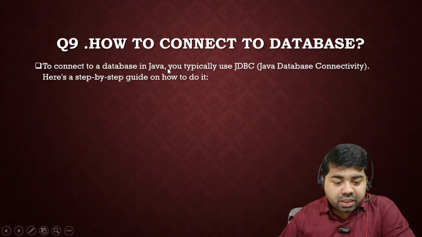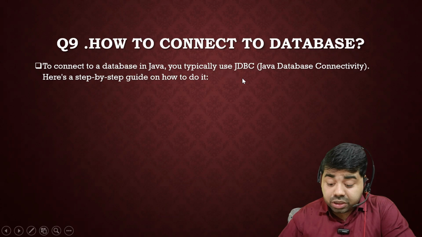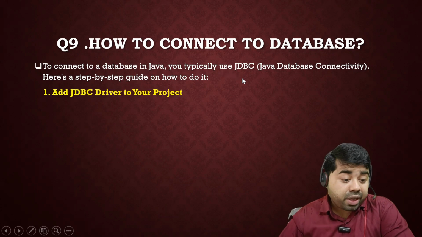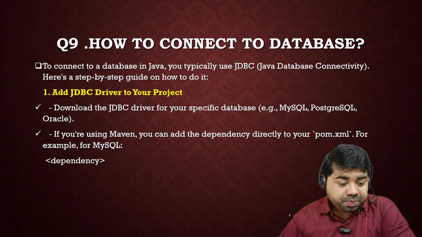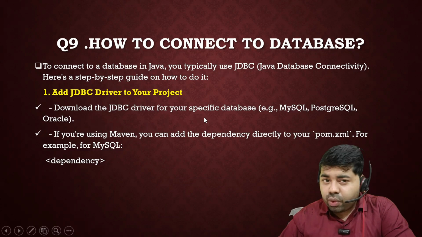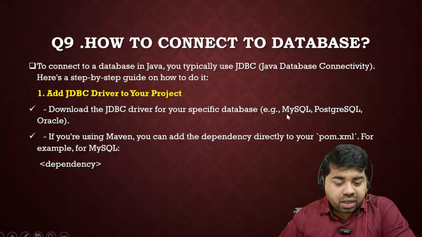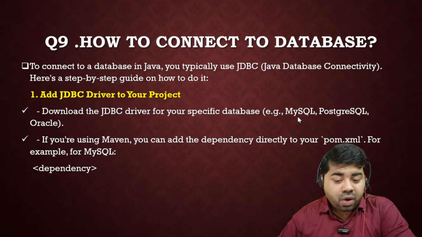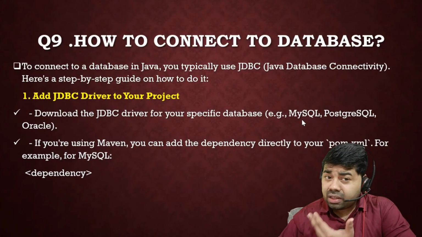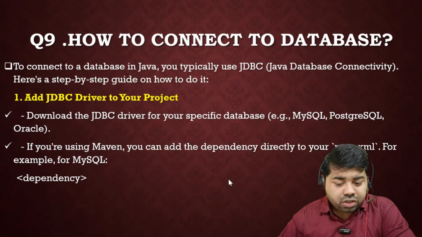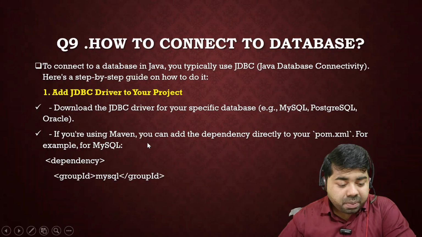To connect to a database in Java, typically we can use the JDBC library. You can go on Google and use it for MySQL or different SQL and other databases as well. So we can download the dependency.